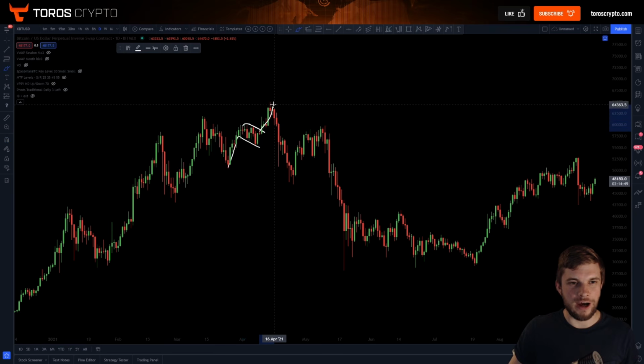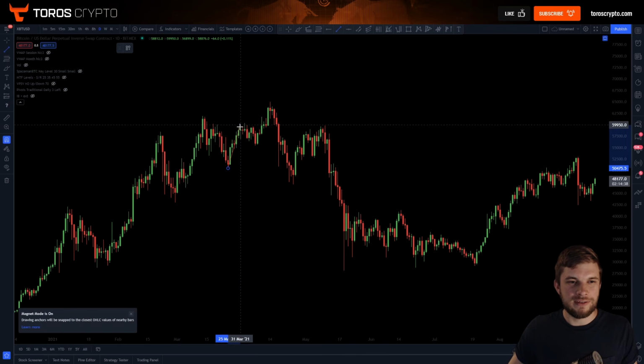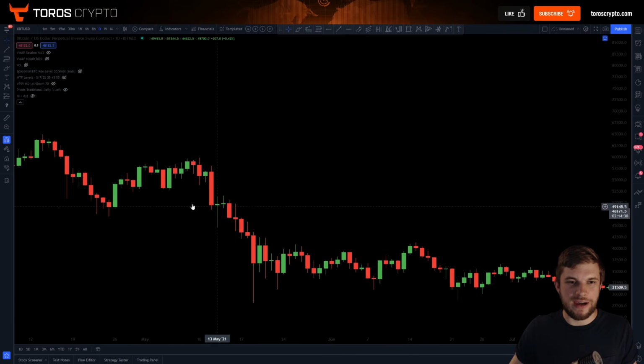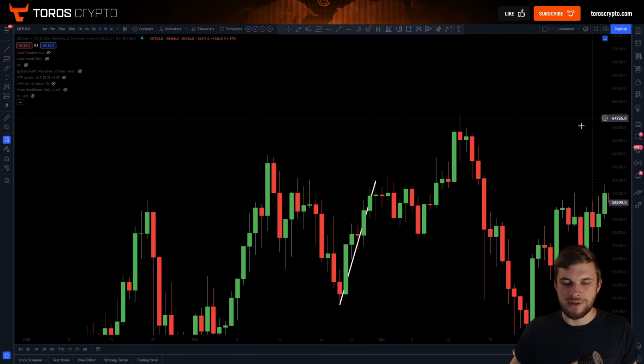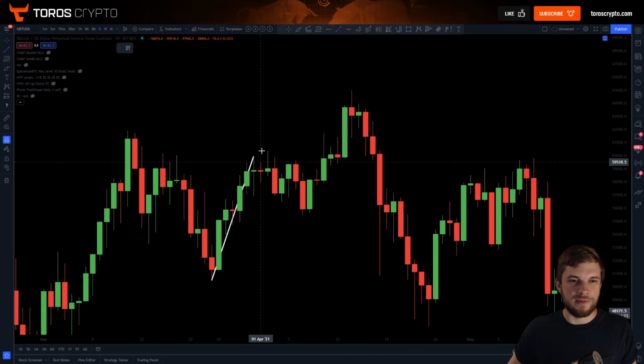You get this move up out of this flag to your highs. Now the thing with bull flags, these things aren't perfect, but what you're looking for is to take the low of the flag, take it up into when you start to get this consolidation. Let's make this a little bit thicker and have a look at the structure that you have here. We can zoom in on this and have a little look at this as being a bit of a bull flag.